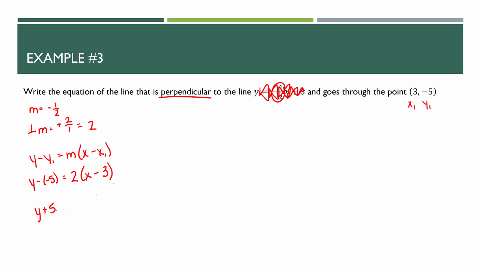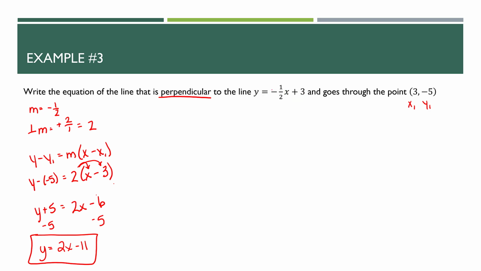So y plus 5 equals, and then distribute the 2, 2x minus 6. Minus 5 from each side because we want y by itself. y equals 2x minus 11. So now this line, this equation we just found and wrote, is perpendicular to this line here, and it goes through the point (3, negative 5).